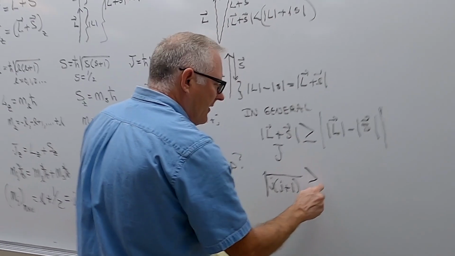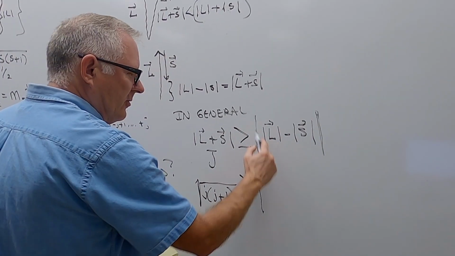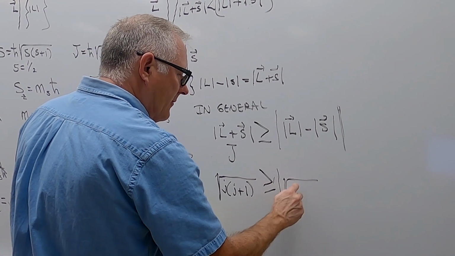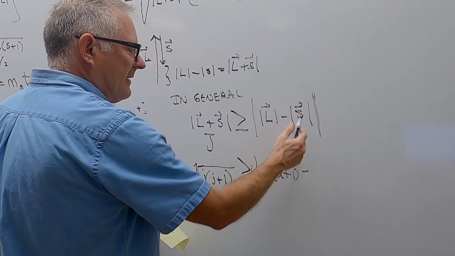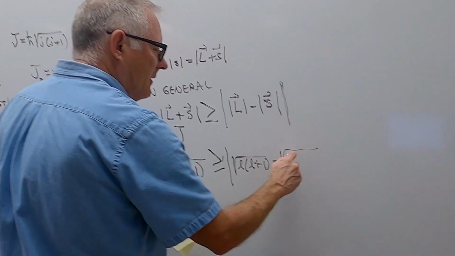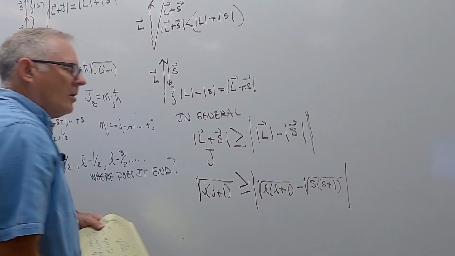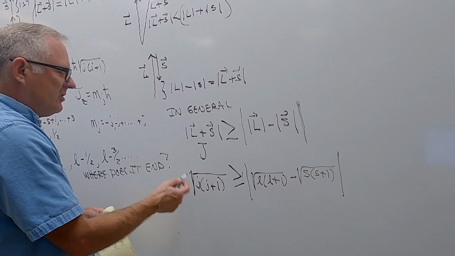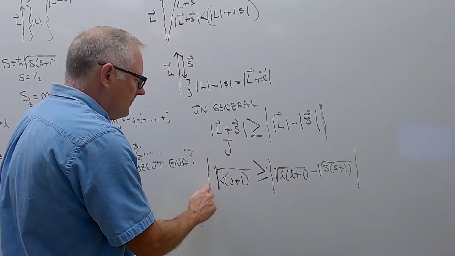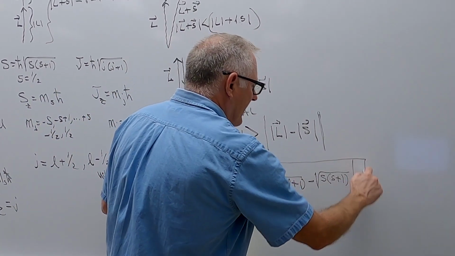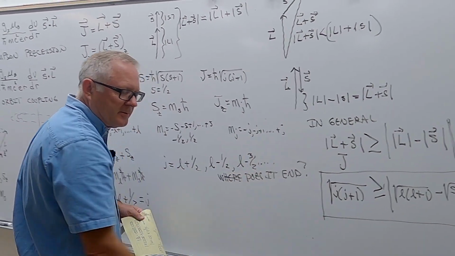That's greater than or equal to the magnitude of L, the square root of L times L plus 1, minus the magnitude of S, which is the square root of S times S plus 1. So this is saying that J is going to have to be bigger than this. On the next lecture, we'll figure out from this where this sequence ends.